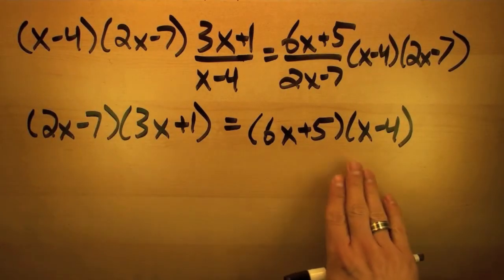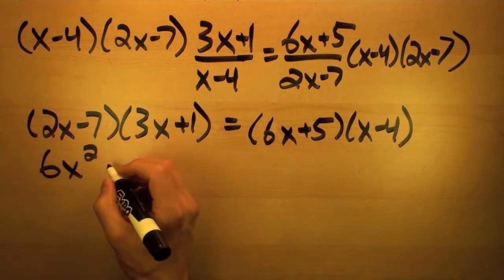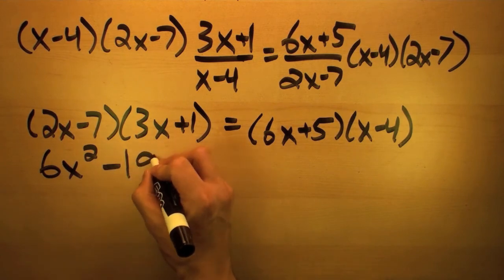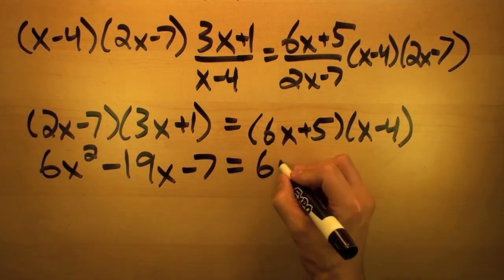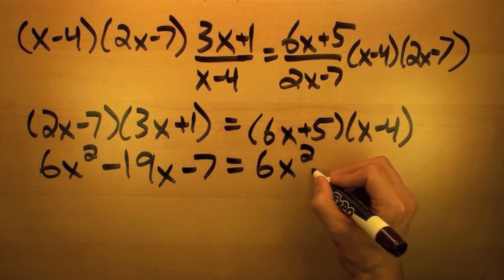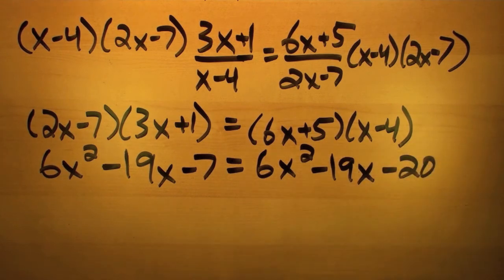When we FOIL out both sides of the equation, we get 6x squared minus 19x minus 7 equals 6x squared minus 19x minus 20.